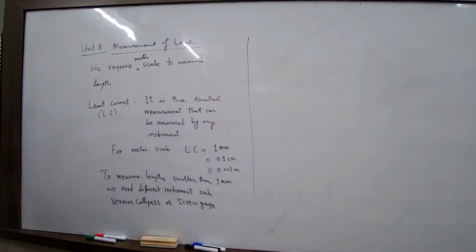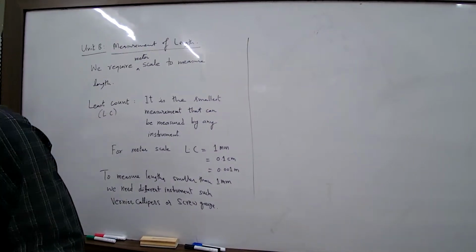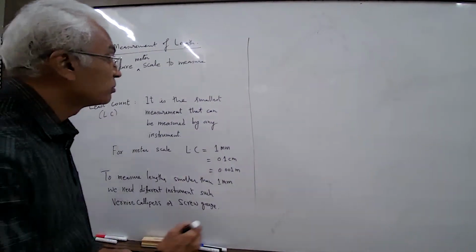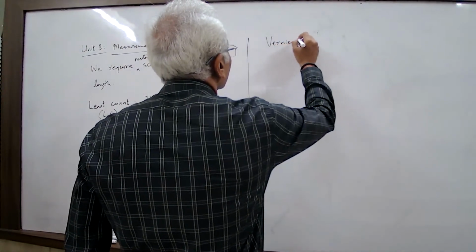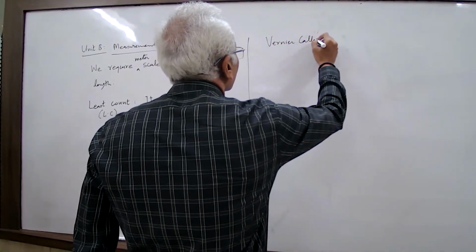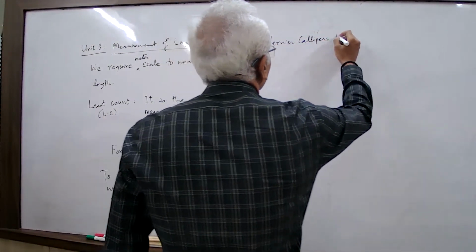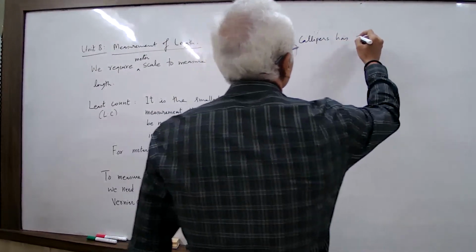So first thing that we do is we'll have to find out what is the least count of a vernier calipers. Okay? So vernier calipers has two scales.